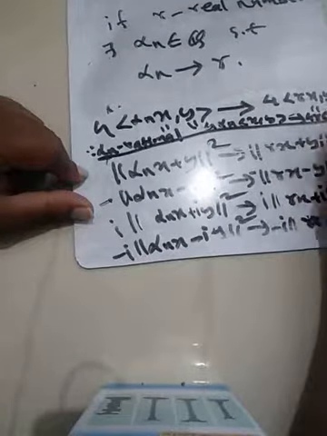This value is this value, but alpha n converges to what? r. So this converges to 4r times x comma y, but this is this value. So what we have shown is that rx comma y is indeed r times x comma y, where r is a real number, x and y belonging to B.